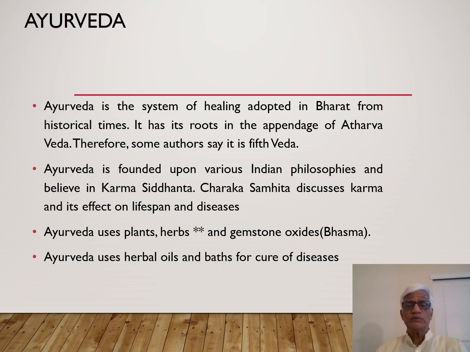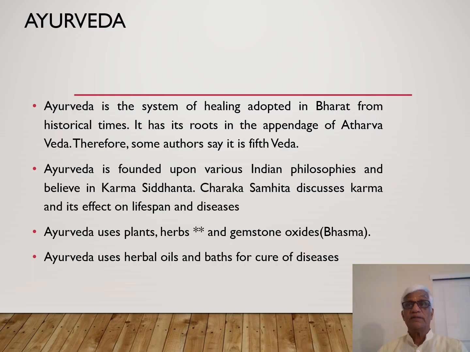Ayurveda mostly uses plants and herbs. It uses bhasma, called oxides of various gemstones, as medicines for healing. The term in Sanskrit used for medicine is aushadam.